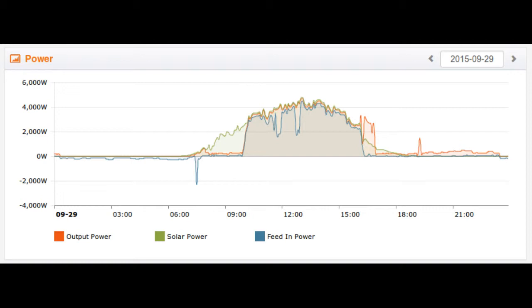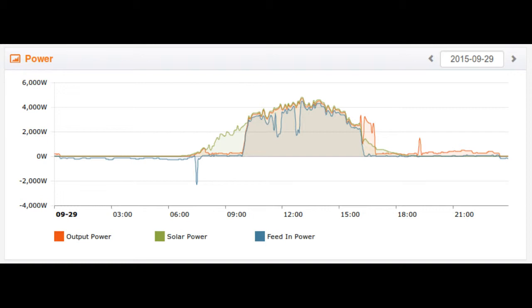grid. And then at around 4-5 o'clock ish, we all come home, and you get a sudden big draw of energy from the inverter, where we've more than likely switched the oven on to start preparing tea.